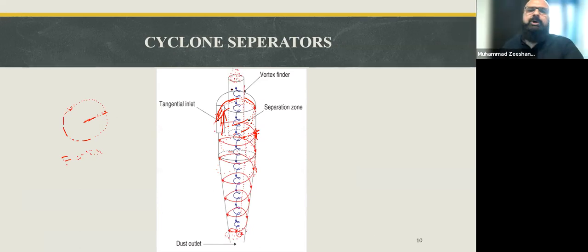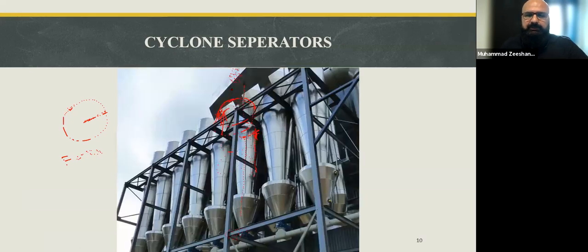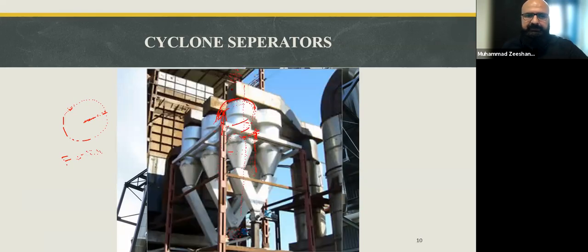So that is another option that we have to remove particulate matter out of dirty gas. This is what we call cyclone separators. This is how cyclone separators look in real life. Of course, that's another view.